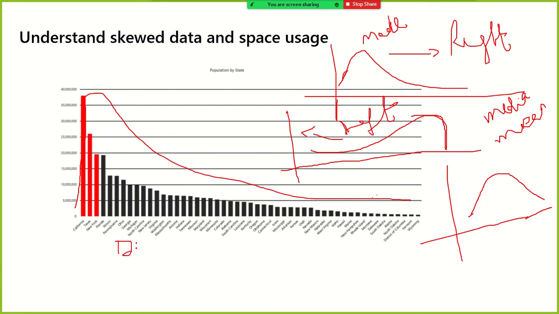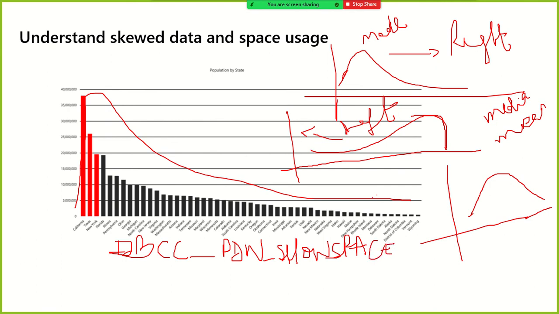It is called DBCC PDW_SHOWSPACEUSED. So we can check for data skew by using this function.